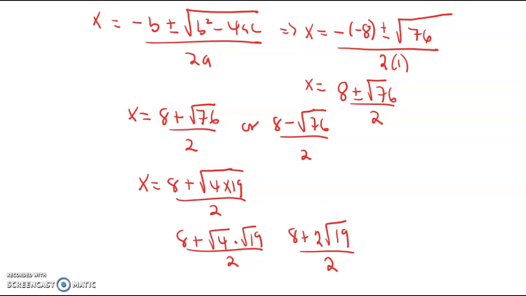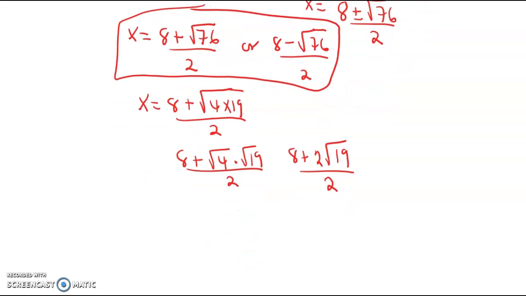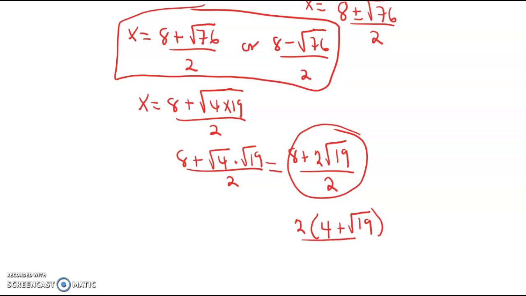And you want to simplify this again. You want to simplify 8 plus 2 square root of 19 over 2. So you take out the greatest common factor, which is 2. 2 is common to 8 and 2 square root of 19. So you take that out and you are left with 4 plus the square root of 19, divided by 2.